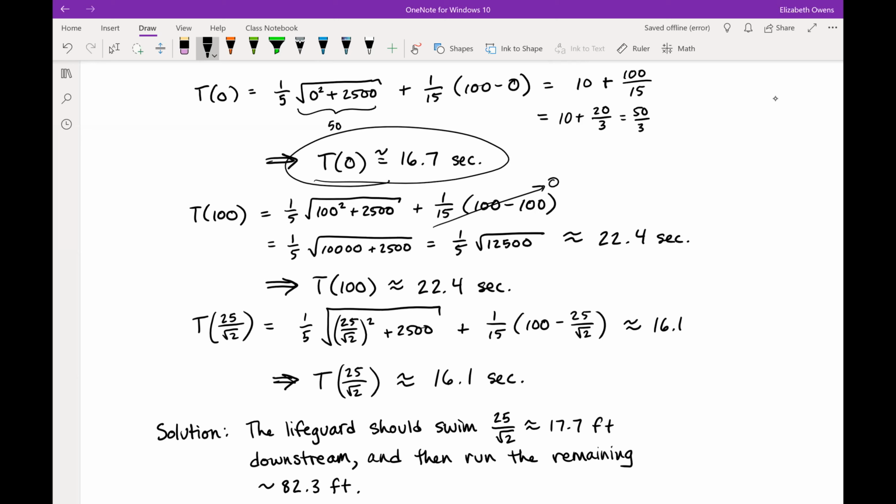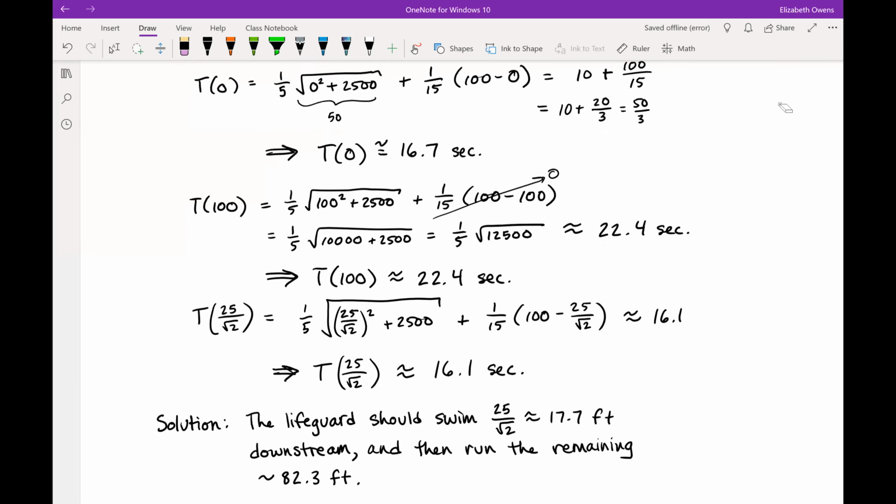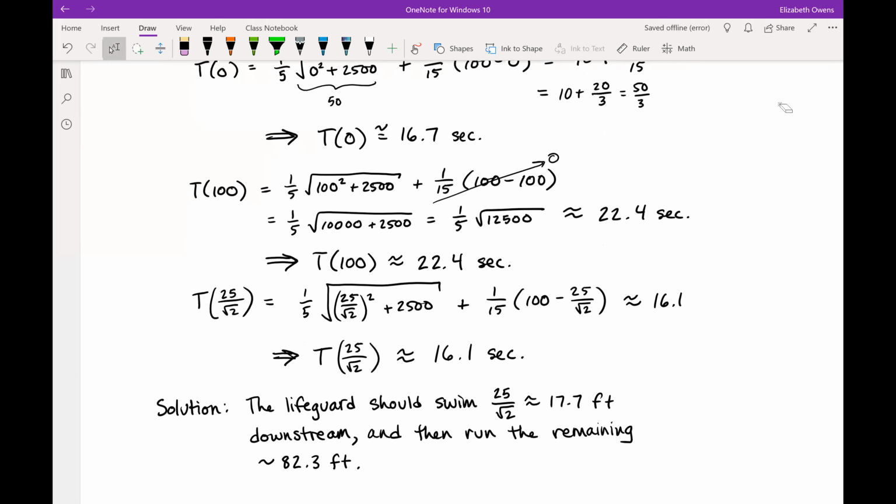So this solution could vary for you also. If your running and swimming speeds are different, that would change these values. So this is the optimal solution for this particular lifeguard in this scenario.